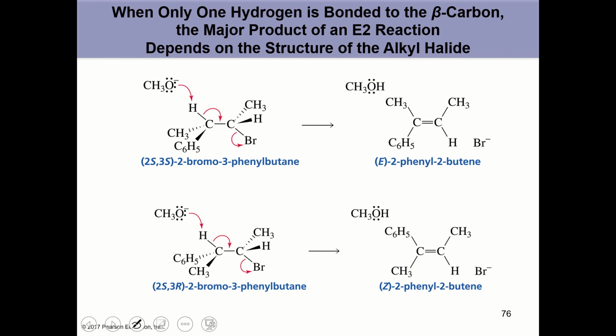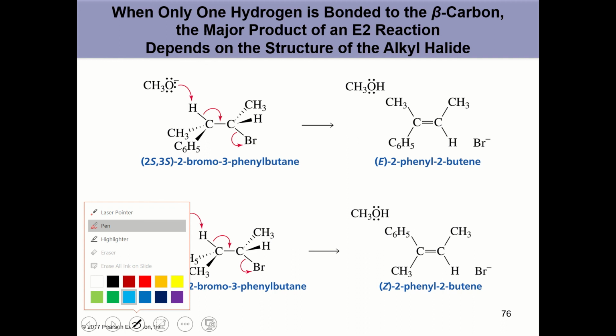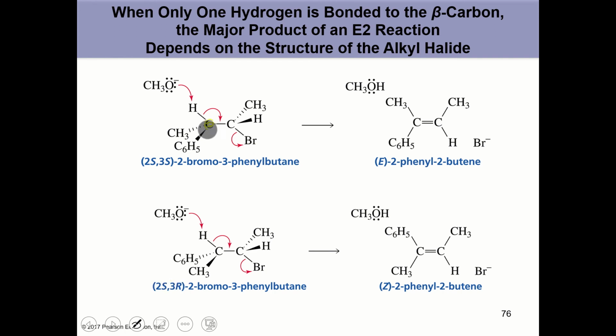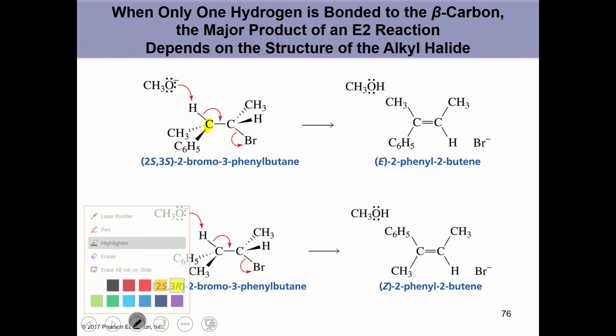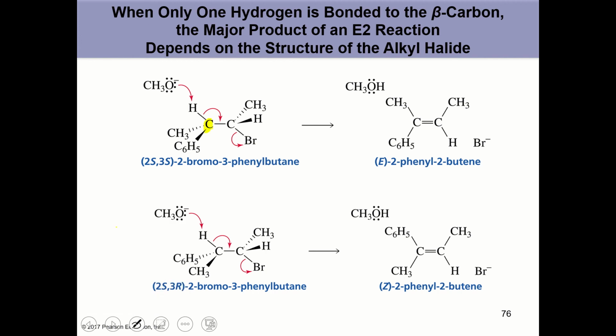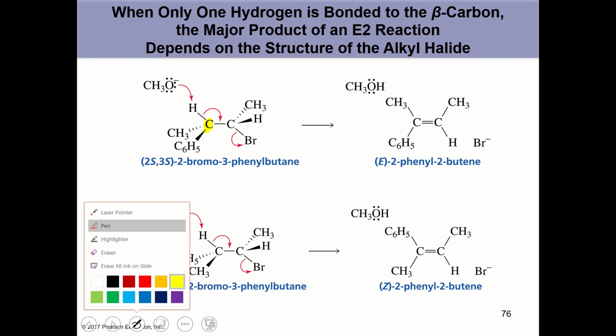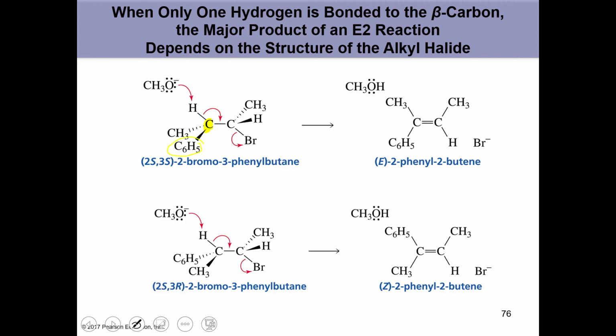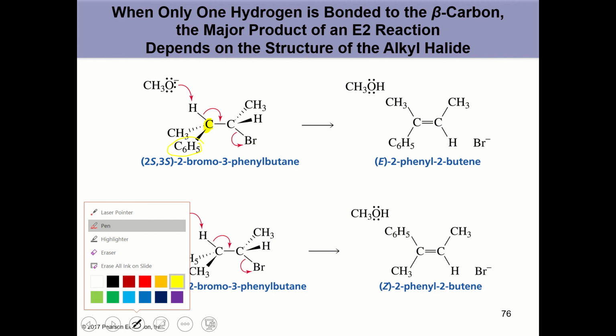And the most favored product will have the largest groups anti, E. So, for example, the largest group on the carbon at the left is the benzene ring. That's what C6H5 means.